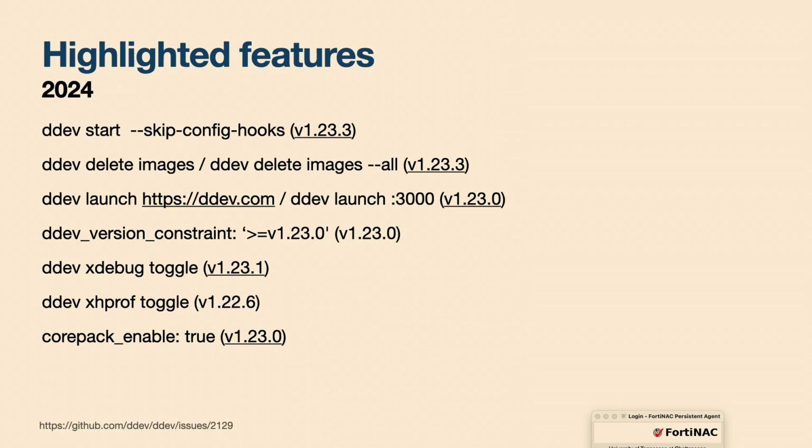Now, let me highlight a few features that DDEV has added in 2024. So if you're using CI/CD, you can skip the hooks, because in the life cycle of any kind of application, you can have a hook when it starts, when the database loads, when the database detaches, when the application shuts down.